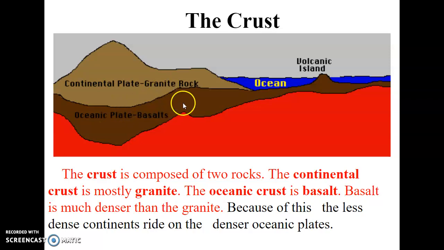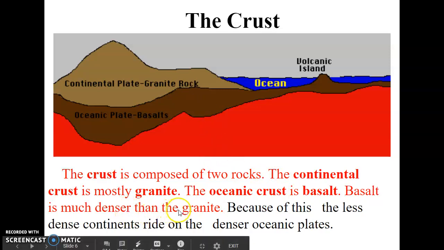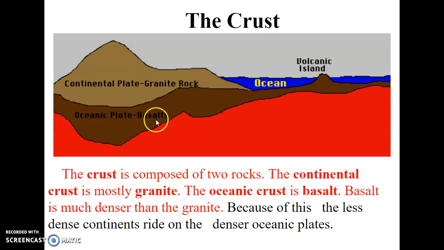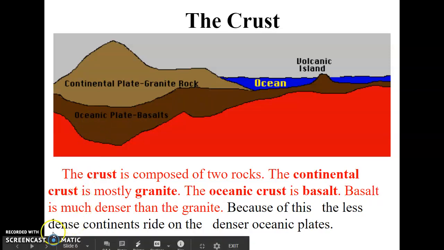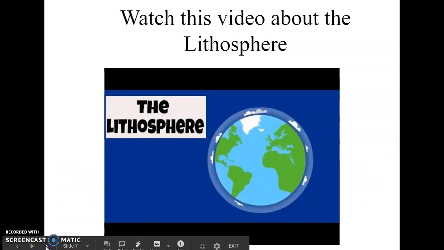The oceanic plates are basalt. Basalt is much denser than granite, and so the oceanic plates tend to sink underneath the continental plates.